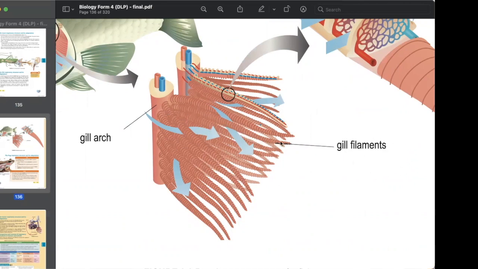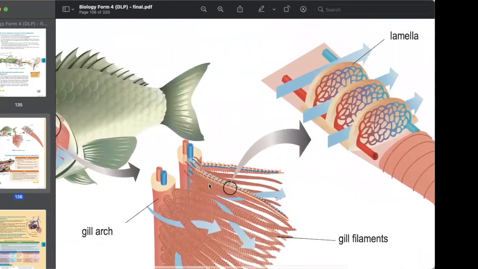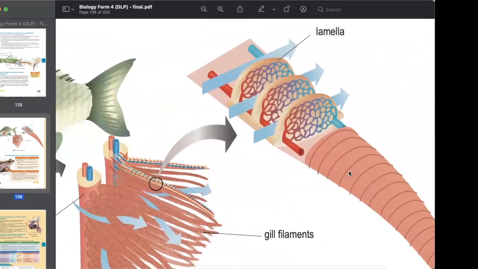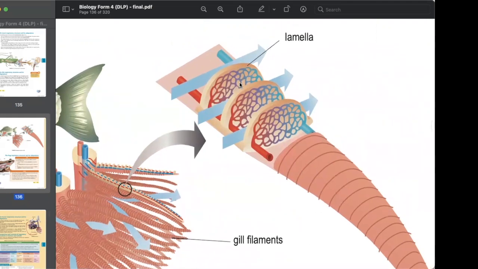Satu benda ni namanya gill filament. So we have so many gill filaments here. If I take out one structure of gill filament, you see here there is a jaring-jaring like this, right? One single jaring-jaring ni namanya lamella.